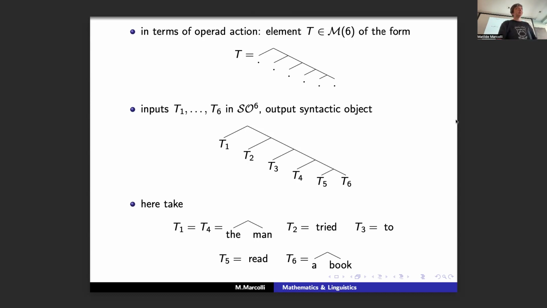And is there a reason that you wanted that to be a complete substructure? You wanted to say the man reads a book. Yeah, because I'm going to try to build it as complete substructures that are combined together into a larger structure.